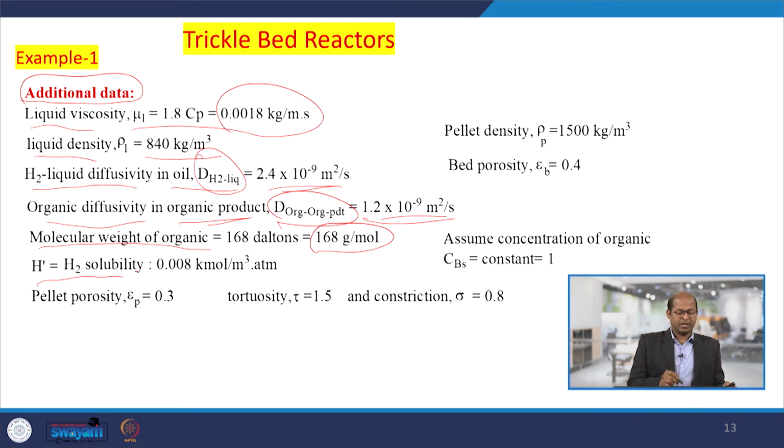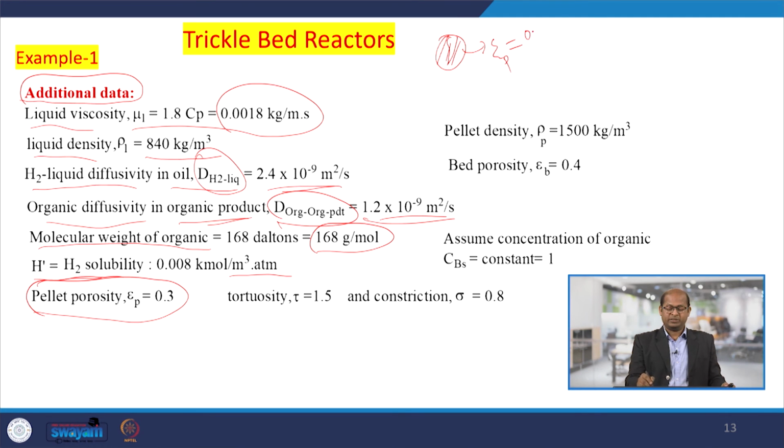Then H prime, the solubility of hydrogen in that liquid, is given as 0.008 kilomole per meter cube per atm. And then the porosity of the pellet: let us say this is a catalyst particle, it has pores, and that porosity is 0.3.